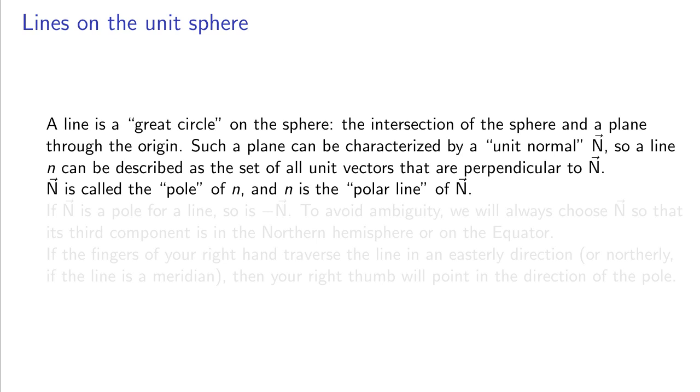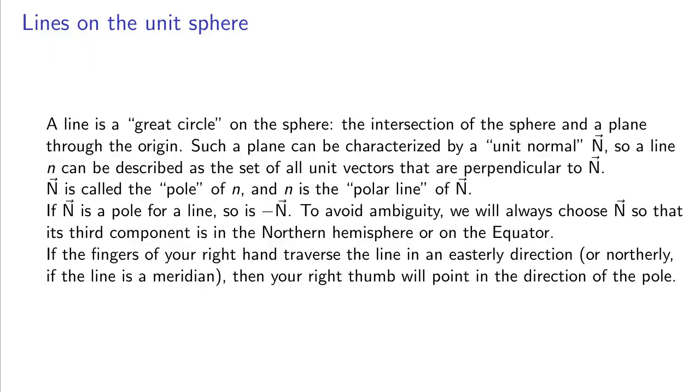You can make that into a unit vector, and the conventional term for this is the unit normal to the plane. That lets us describe a line alternatively as the set of all unit vectors that are perpendicular to a certain pole. The terminology: this vector is called the pole of the line, and the line itself is the polar line of the pole vector.